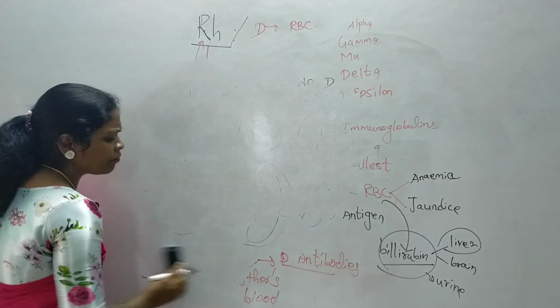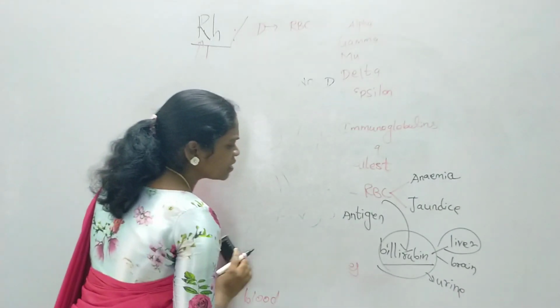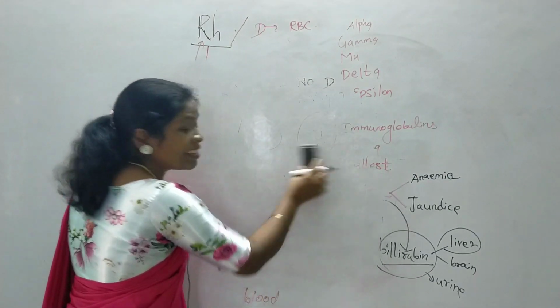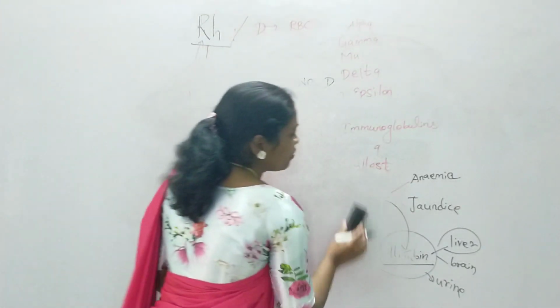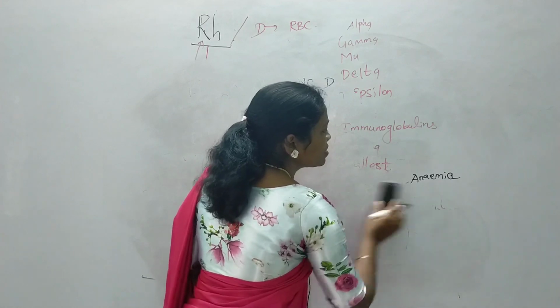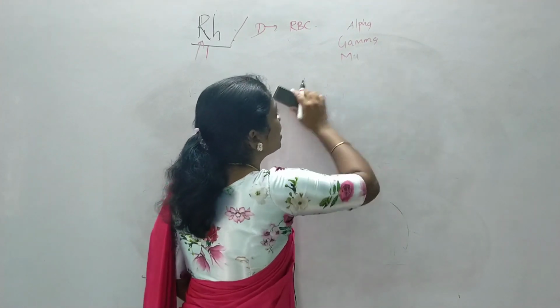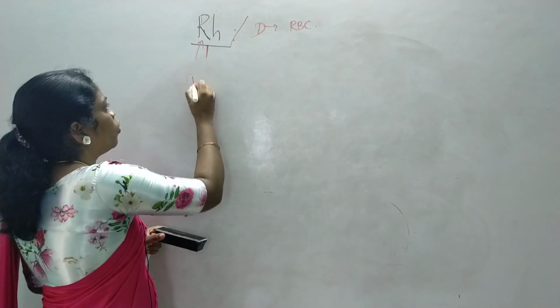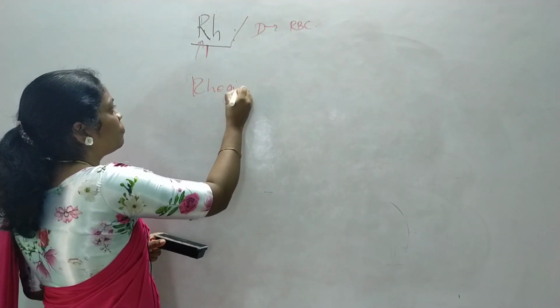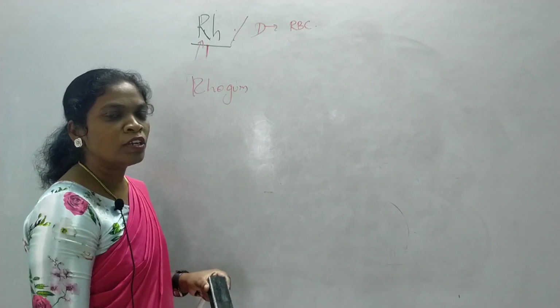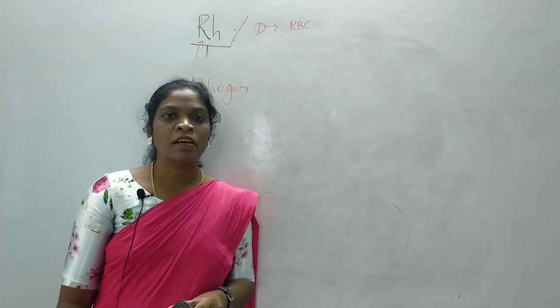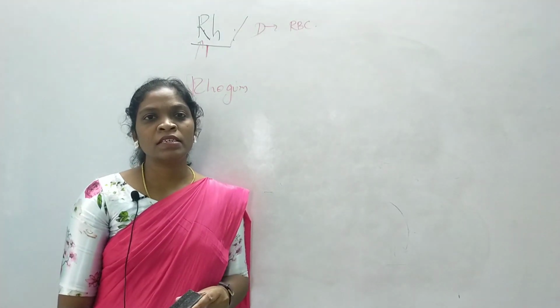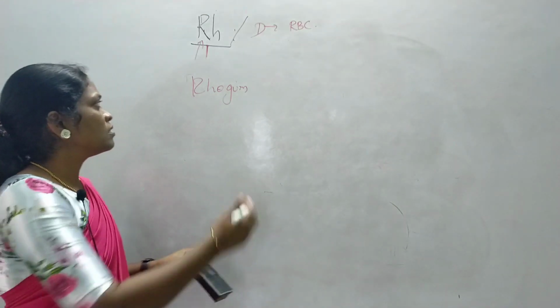There are a number of medications. We have all the advanced medications because of improvements in the field of medicine. When you take into account this Rh incompatibility, there is a medicine available to solve this problem. Rhocum is the name of a medicine which will be given to avoid erythroblastosis fetalis or hemolytic disease of the newborn. So what is Rh?